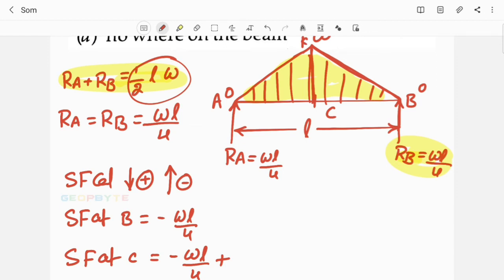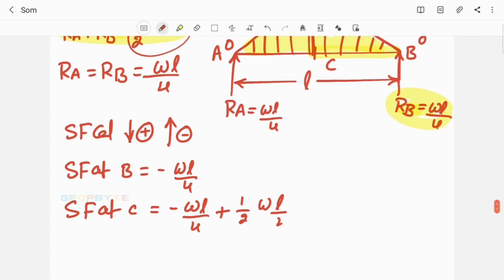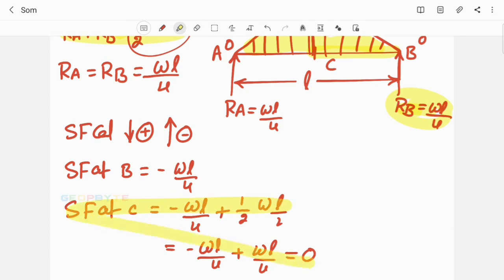Area of that triangle will be equal to the point load, half into base W into distance up to this location, that is L by 2. Simplify that value. Minus WL by 4 plus WL by 4 will be equal to how much? 0. Therefore, the shear force will be 0 at the midspan of the beam.